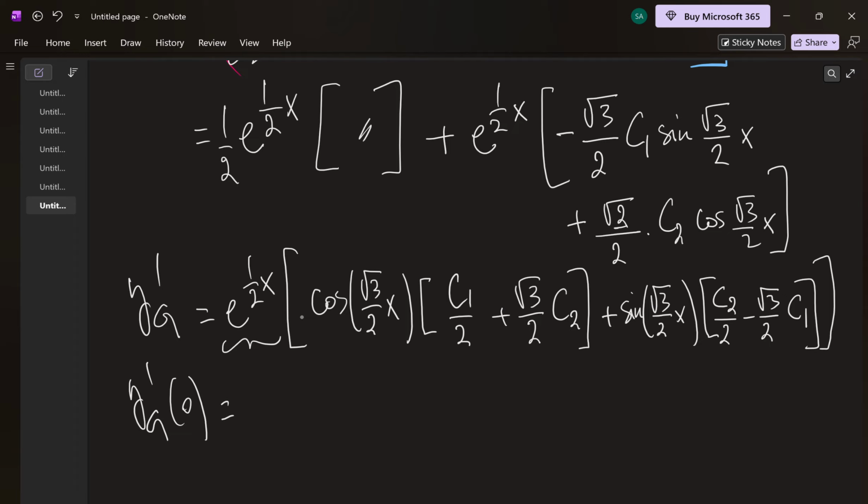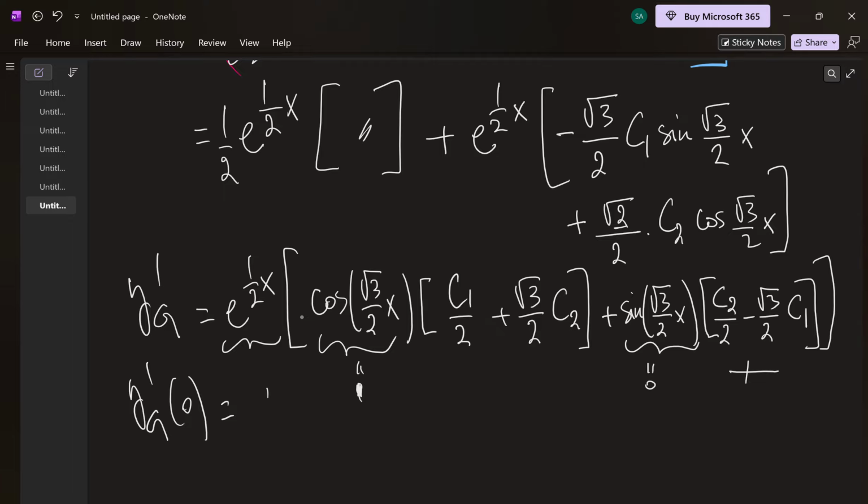Now we compute it at x equals 0. So this is equal to 1, and the cosine, of course, cosine 0 is 1, so this is equal to 1, and this sine is equal to 0, so this guy will be cancelled.